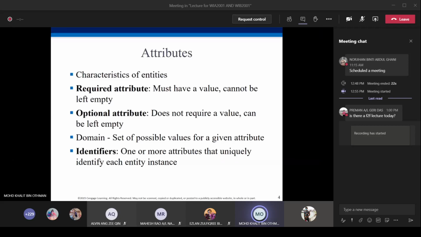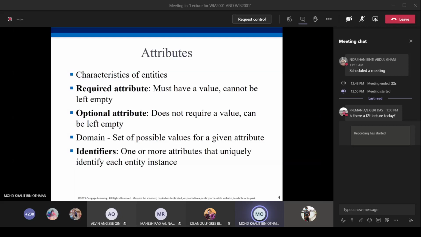For example, the attribute student name is an example of a required attribute for the entity student, because all students must have a name. The second is the optional attribute. Actually, what is an optional attribute? An optional attribute is an attribute that does not require a value, which can be left empty.